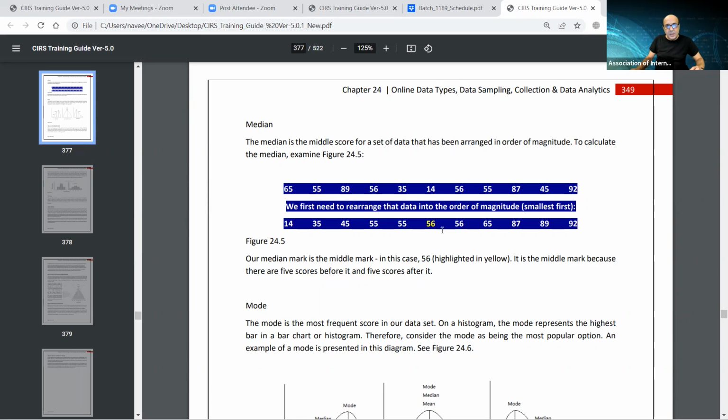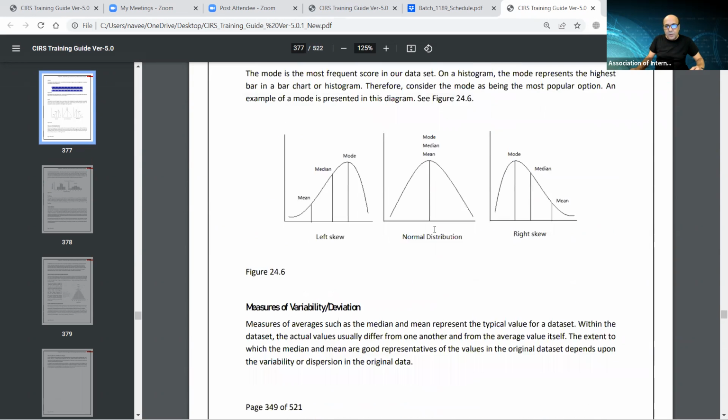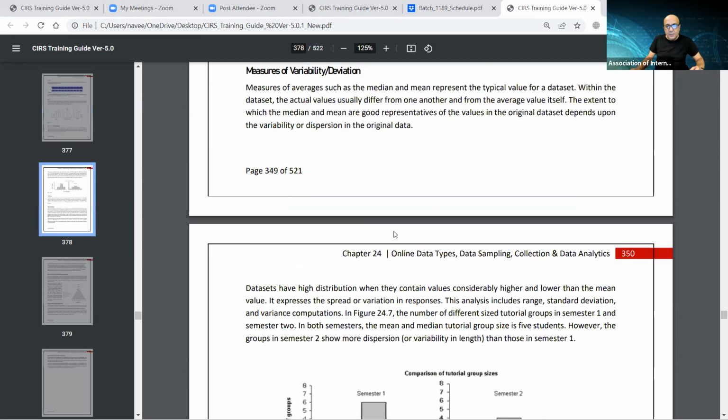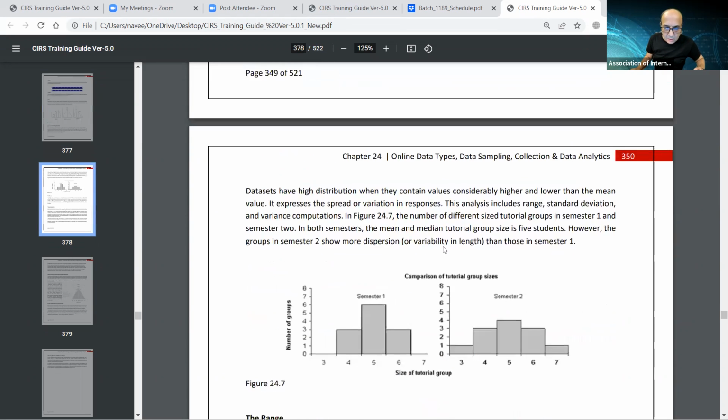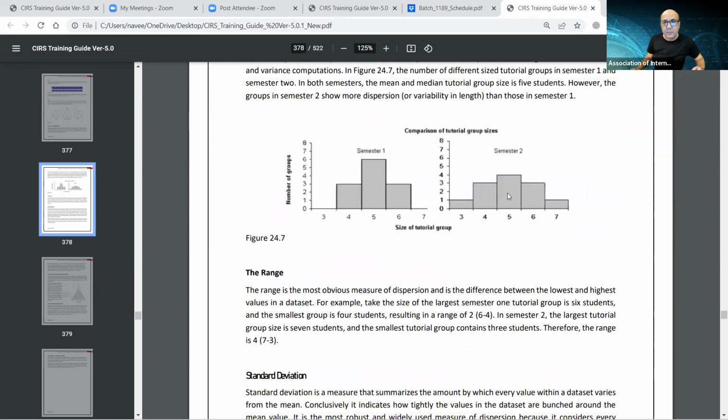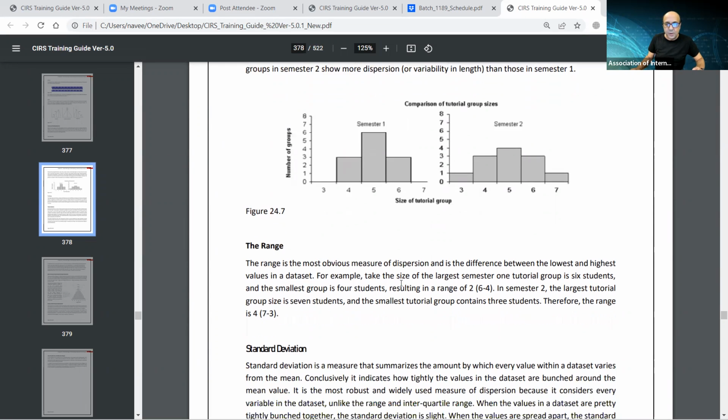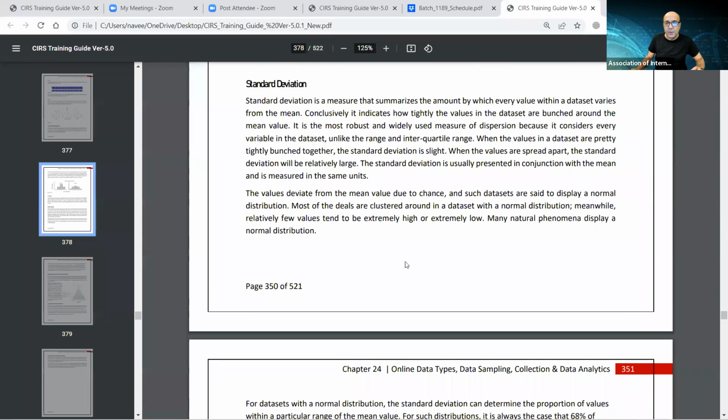You would say that this is the median. They would ask a question like, in this chart, which is of higher density, or which of the two has a greater number of students or more enrollment. Then you would just say, semester 2. I know those questions pretty well.